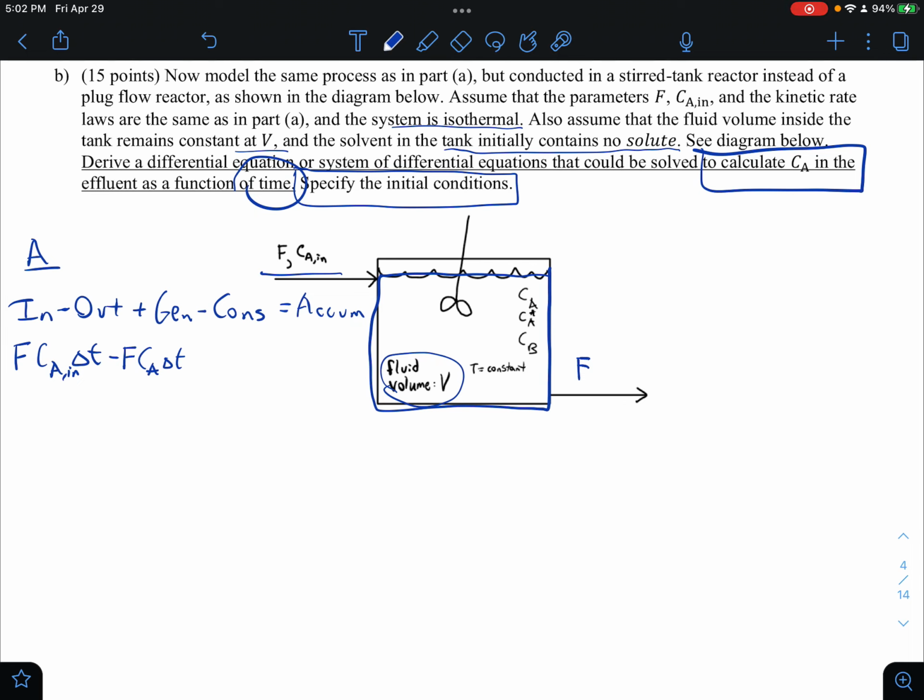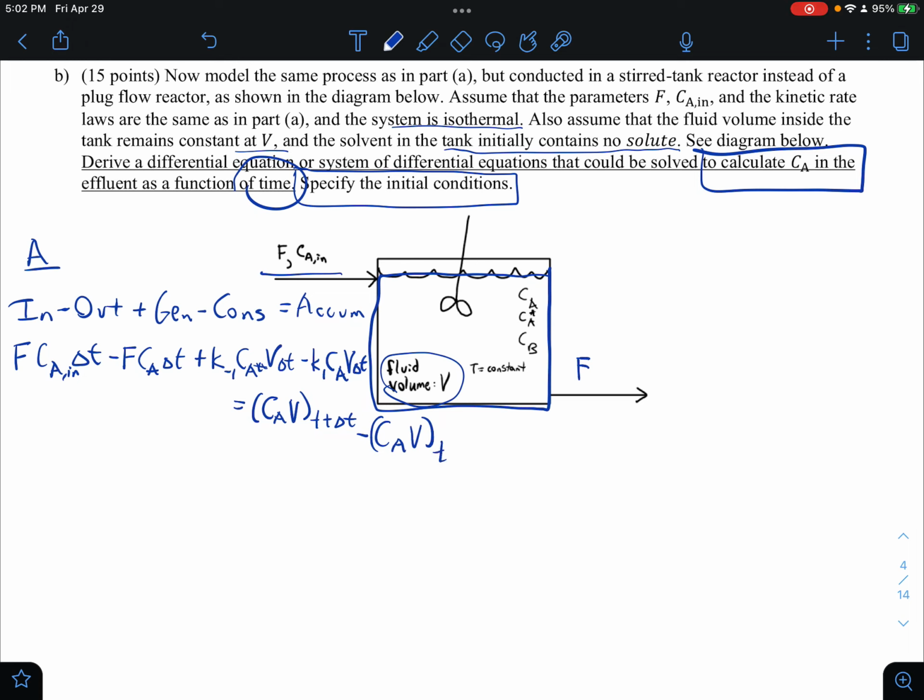The generation of A is going to be plus K inverse CA star times the volume times delta T. The consumption is K1 CA times V delta T. And the accumulation is going to be CA V at T plus delta T minus CA V at T.